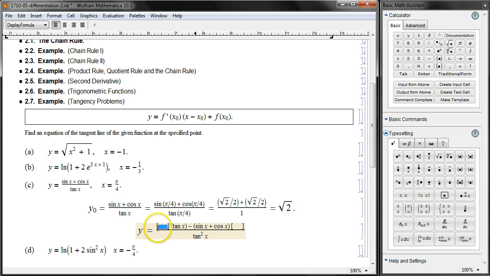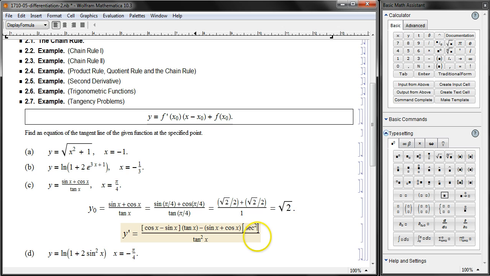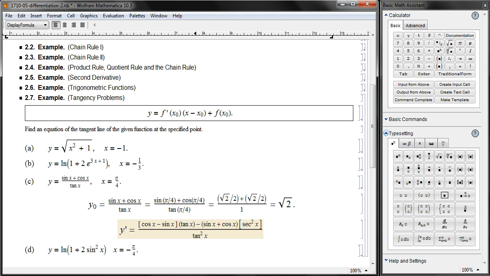We have cosine of x plus negative of sine, so minus sine of x. That's going to be the derivative of the numerator. How about the derivative of the denominator? Derivative of tangent is secant squared of x, so there you go. Here's the derivative computation.